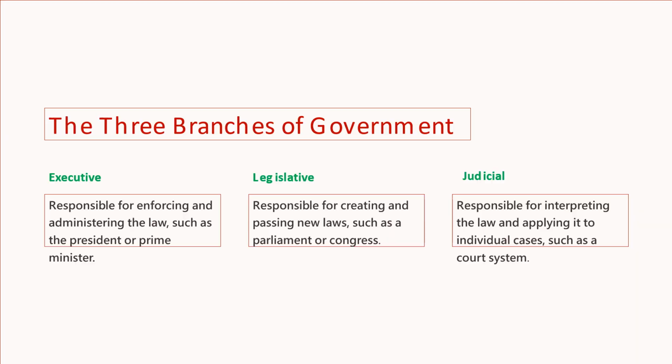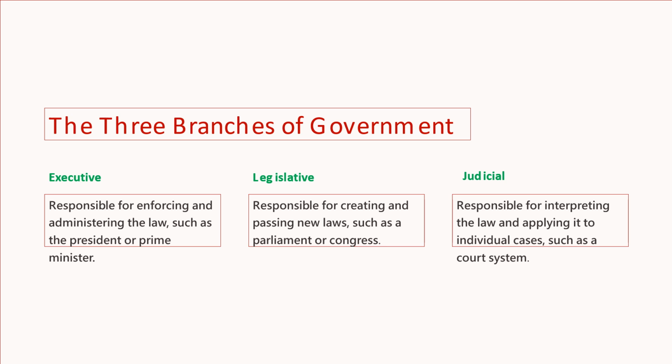The three branches of government: executive, legislative, judicial. The executive branch, headed by the president or prime minister, is responsible for enforcing laws and administering government programs and policies.